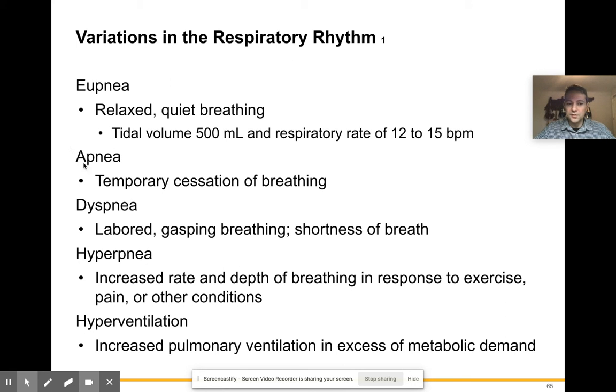You've all heard of sleep apnea. That is when you stop breathing. Apnea is temporary stopping of your breathing. It lasts for short little snippets of time. But when you stop breathing during sleep, that is going to affect how well you sleep and how much oxygen you're getting while you're sleeping.